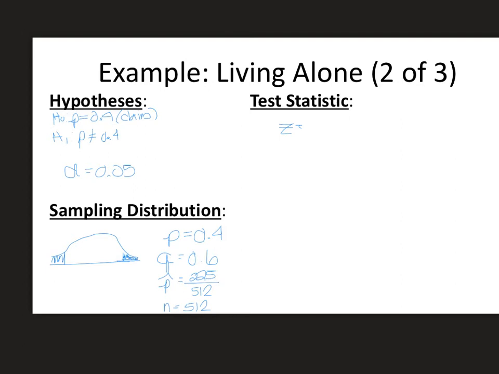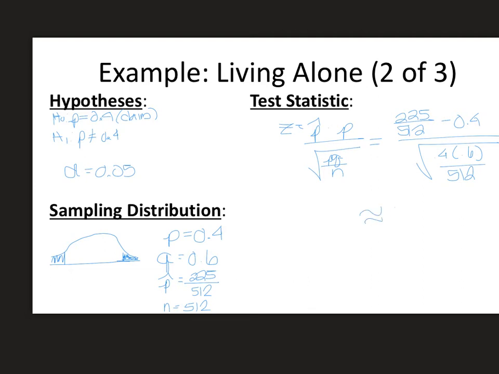Z equals P hat minus P over the square root of P times Q over N. So 225 over 512 minus 0.4 over the square root of 0.4 times 0.6 all over 512. Put this into Excel and you get approximately 1.82.